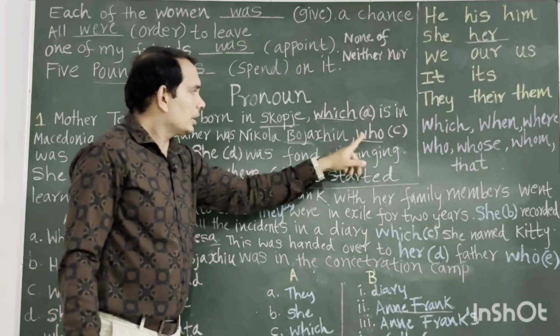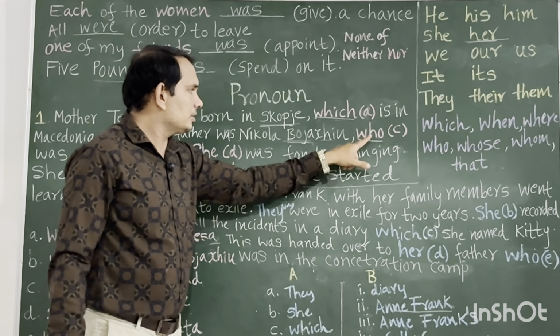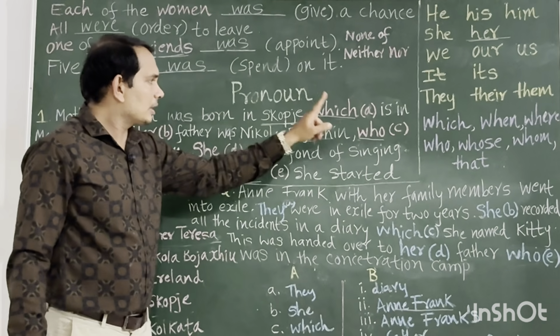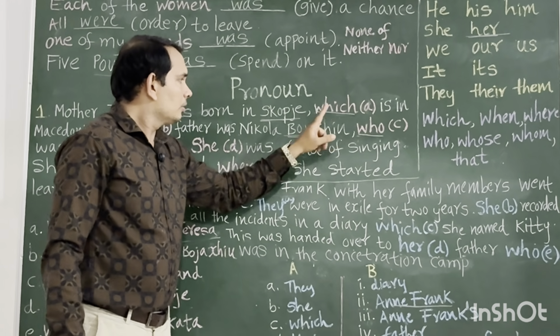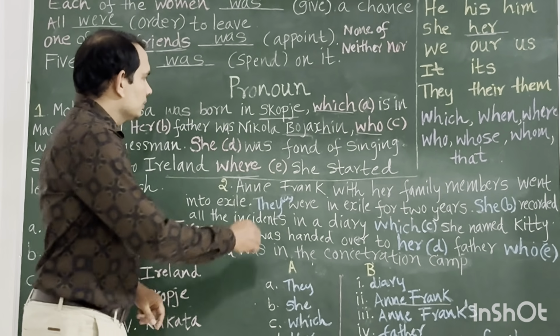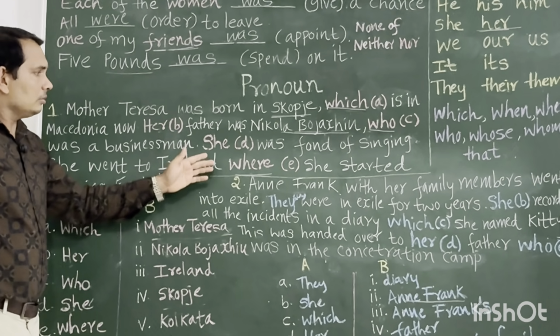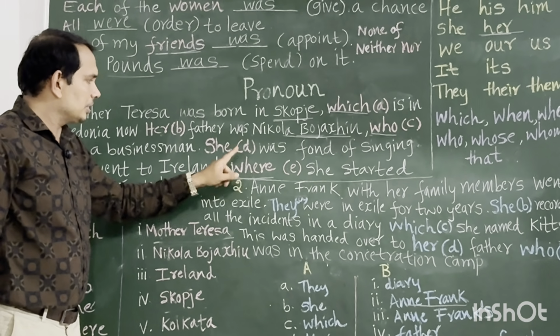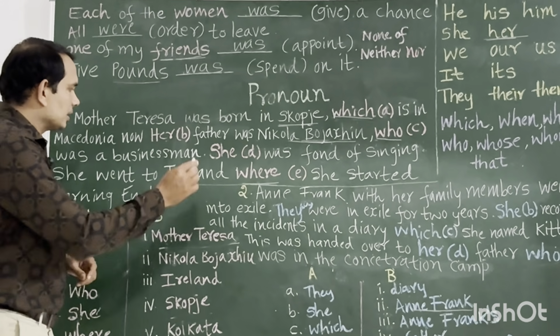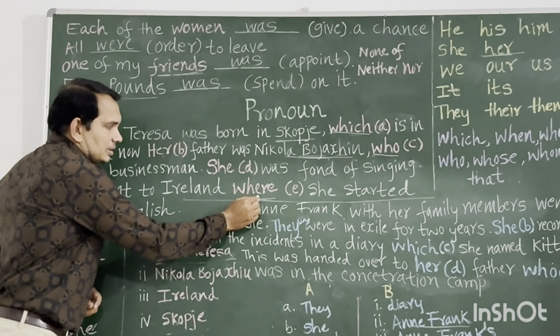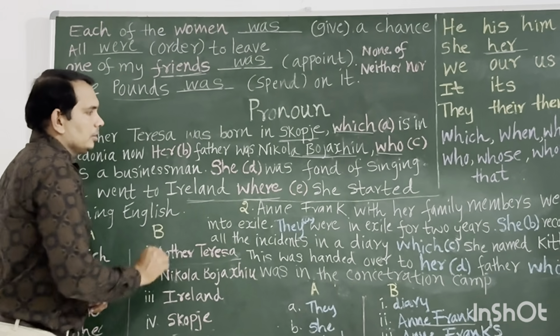The next relative pronoun in this question is who. The word that comes before this pronoun is Nicola Bojaxhiu. The third relative pronoun in this question is where. The word that comes before this pronoun is Ireland.